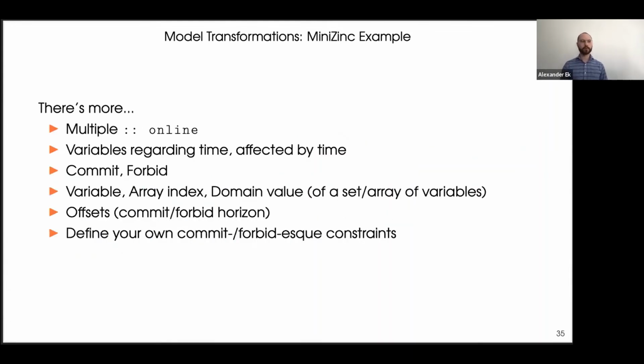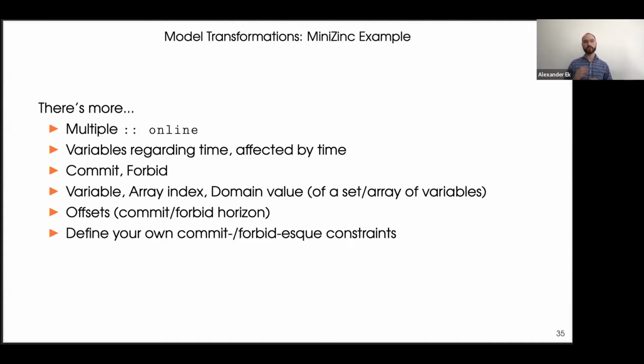But there's more, of course, than just these examples. We can have multiple online annotations, and then things can get crazy, but it works. We can have variables regarding time and affected by time, as I showed you. We can have commit and forbid separately or in combination. We can do commit and forbid on variables, array indices, and domain values of a set or array of variables.